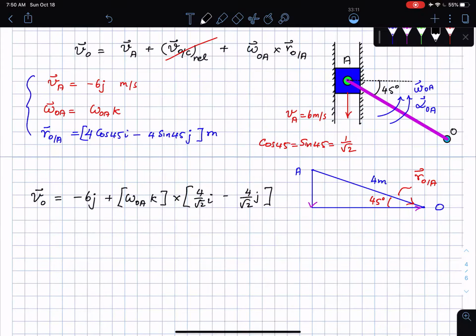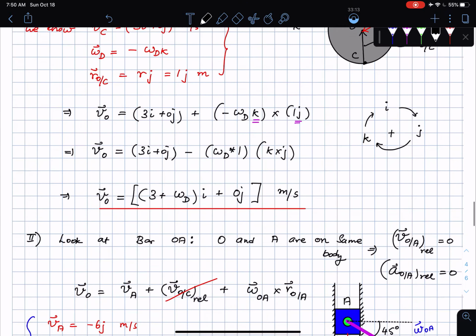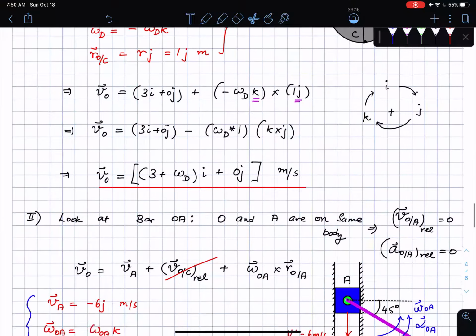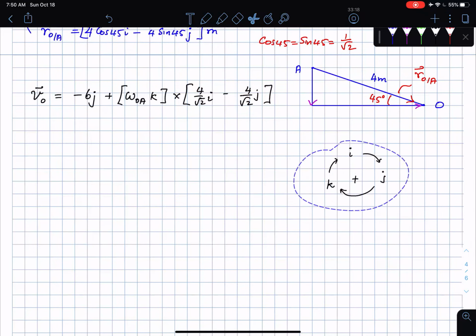I'm going to do the cross product. Take my triad with me, as I said, everywhere I go. So I'm going to copy that. Excuse me, it's the early morning jitters.